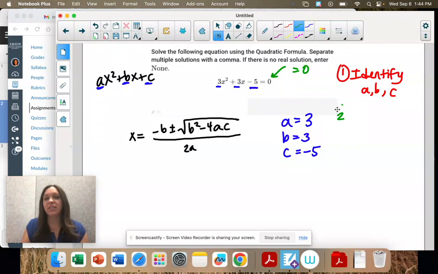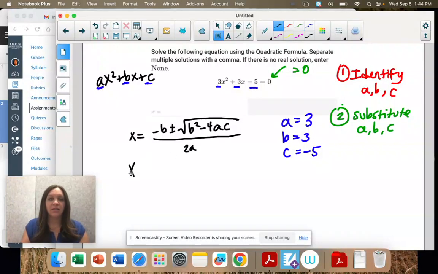Okay, so once you've identified them, then you're going to substitute those into the formula. So x equals negative b. B is 3. Plus or minus square root b squared. Well, b is 3.